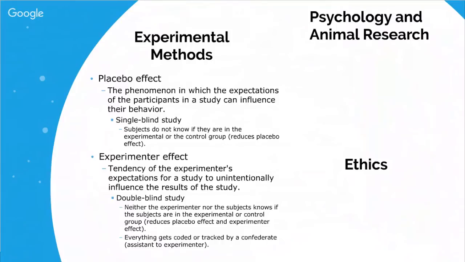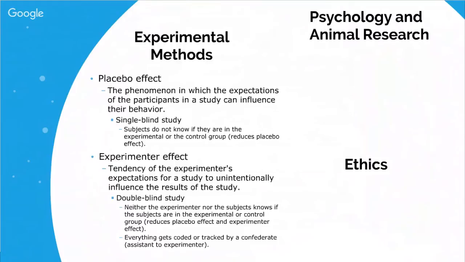And if the subjects of that study can pick up on things that the experimenter is saying, they can begin to figure out which groups they're in and what is the main motivation behind the study. So one way to alleviate this experimenter effect is called a double-blind study.